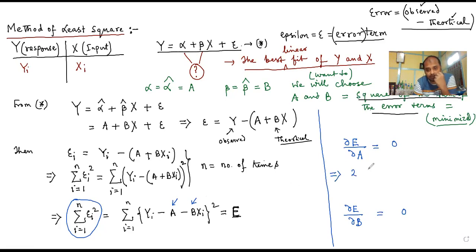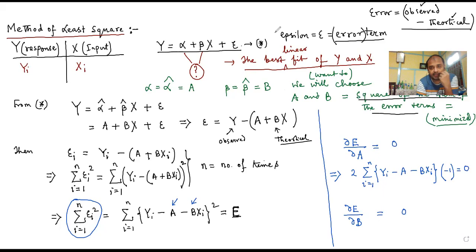First of all, we will get twice the summation i goes from 1 to n of yi minus a minus bxi, and the derivative of minus a with respect to a will give you minus 1, and that will be equal to 0.